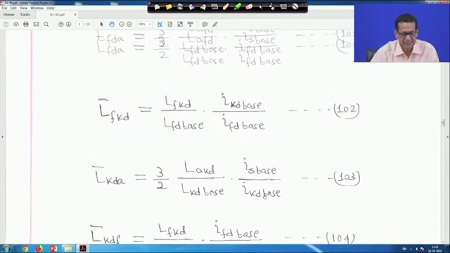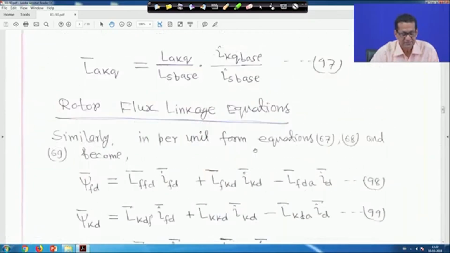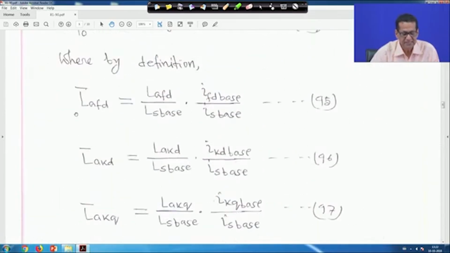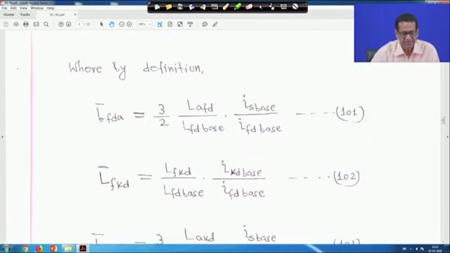Now, if we see here, LFDA bar is equal to 3 by 2 LAFD upon LFD base into IS base upon IFD base, right. And if you see here, LFD bar is equal to LAFD upon LS base into IFD base upon IS base, right. And here LFDA bar is multiplied by 3 by 2.